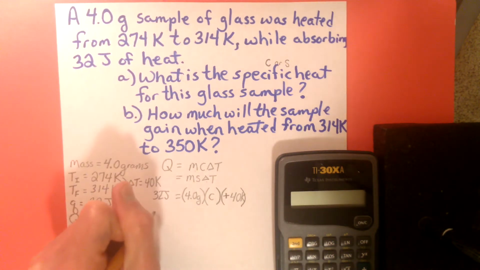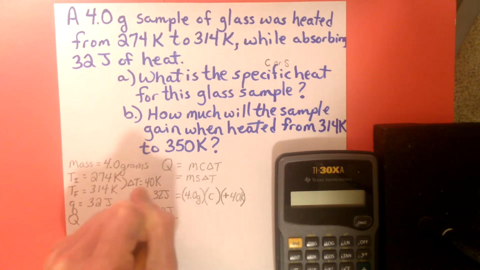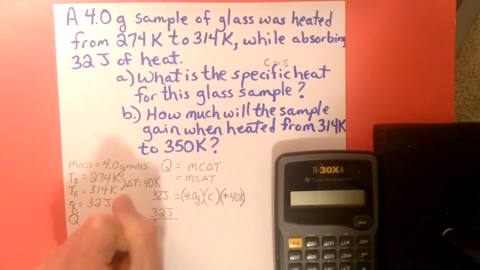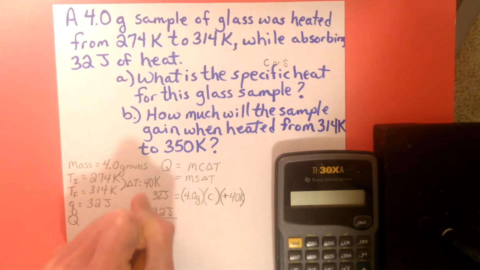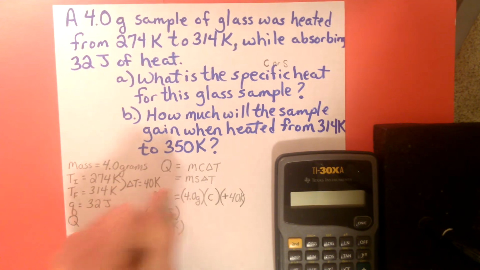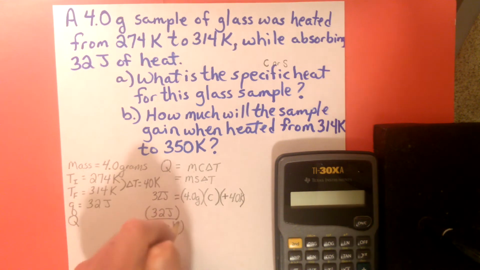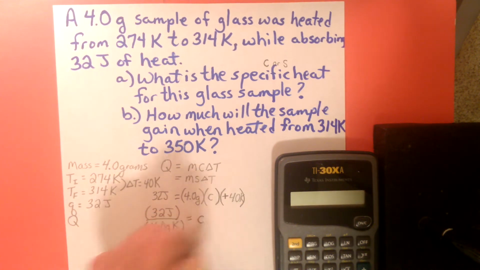Now we can just solve this. 32 joules divided by 160. Now I'm bringing the units. It is important to have the units. I took 4, multiplied by 40, got 160, and I'm dividing out, just rearranging the formula.